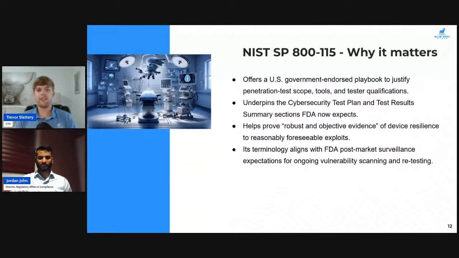If a penetration testing company is mostly familiar with these standards, which is where most tests are directed towards, they may not be familiar with exactly what the FDA is expecting to see. This also goes into some of those test result summaries that the FDA wants to see. The documentation burdens are very different, is essentially the bottom line from the standard.